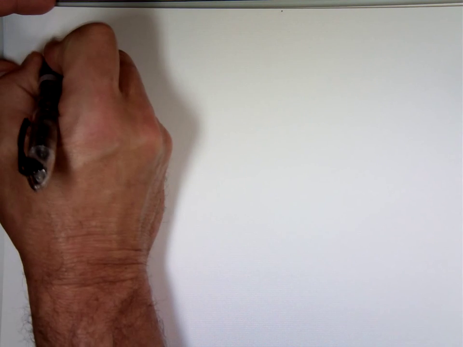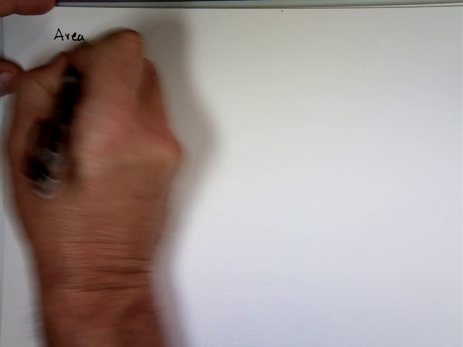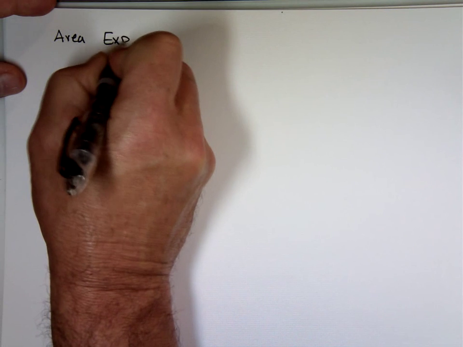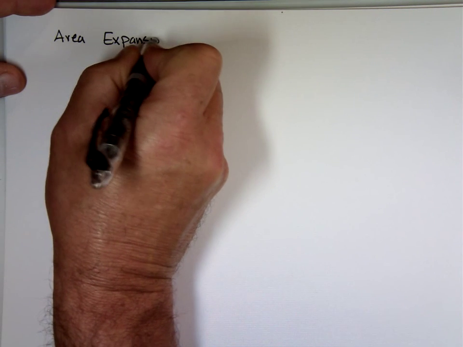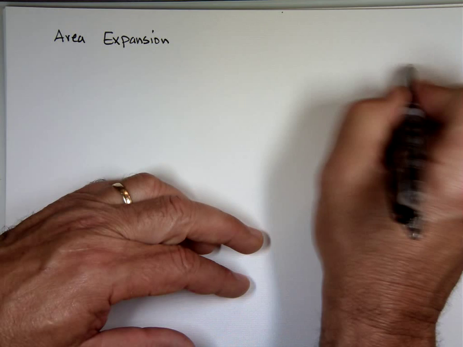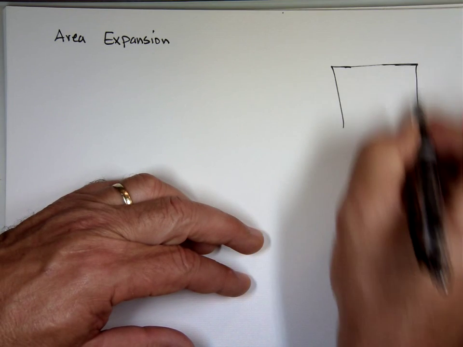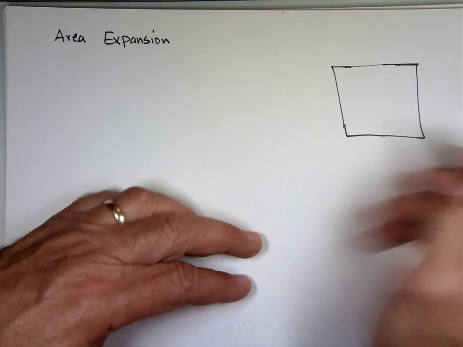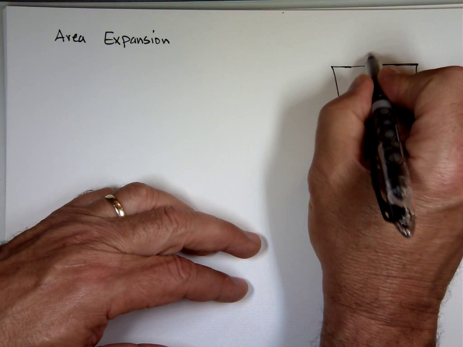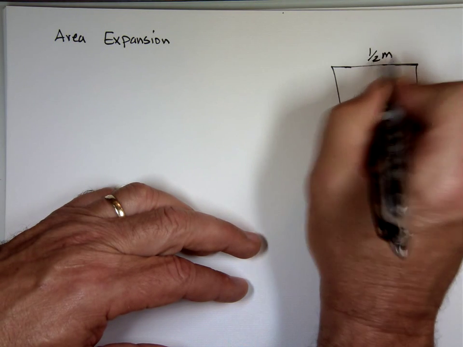What about area expansion? You take a sheet metal. You have a water tank. You have a washer. When I say washer, like a circle here. But now we're talking about area expansion. You take a sheet metal like this, and let's say it's half a meter by a meter long.